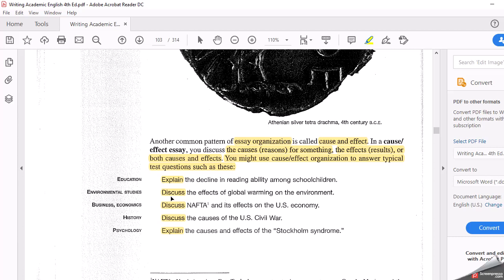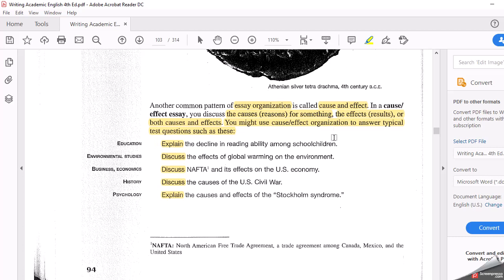Or: discuss the effects of global warming on the environment. To answer such questions, you need to write your answer as a cause and effect essay.